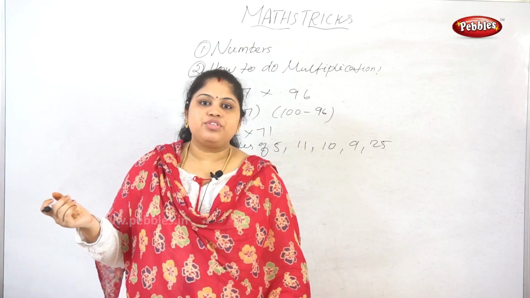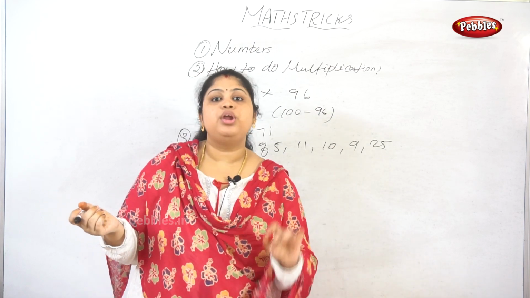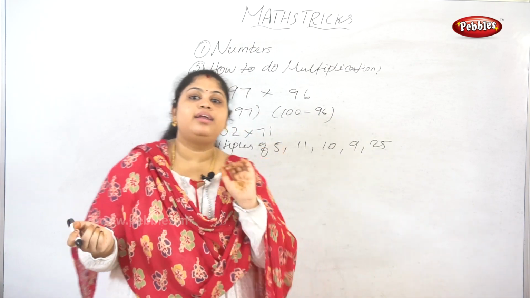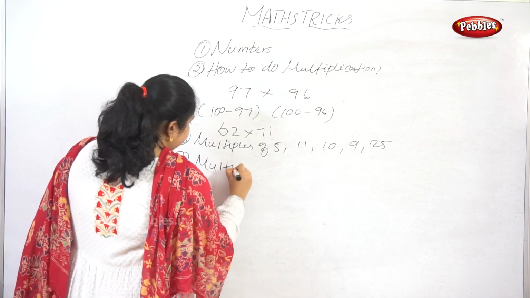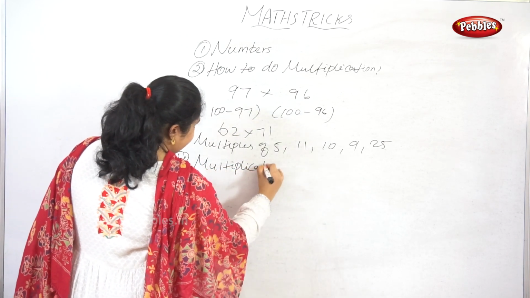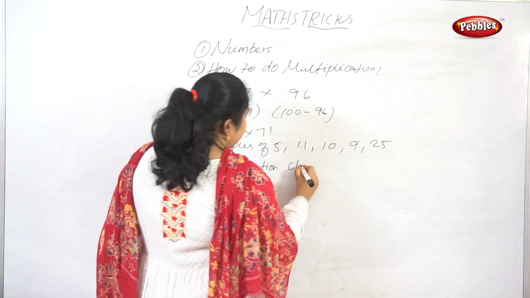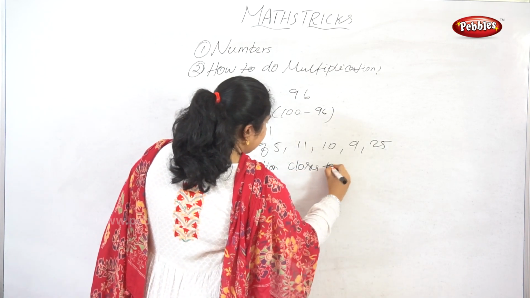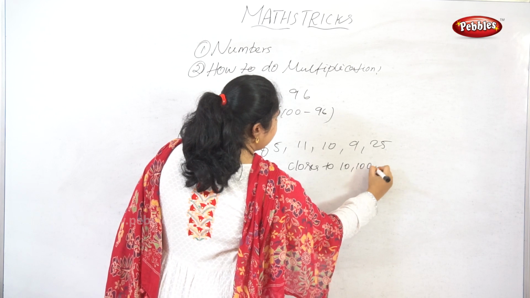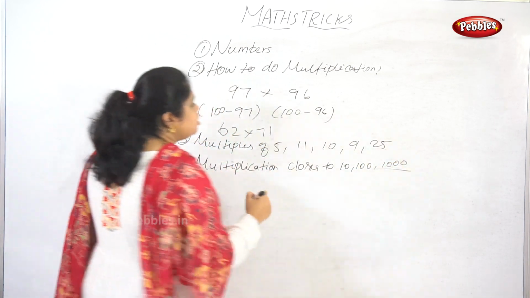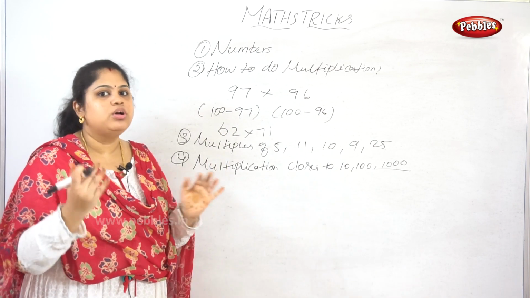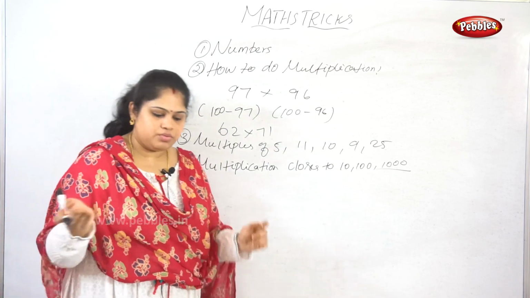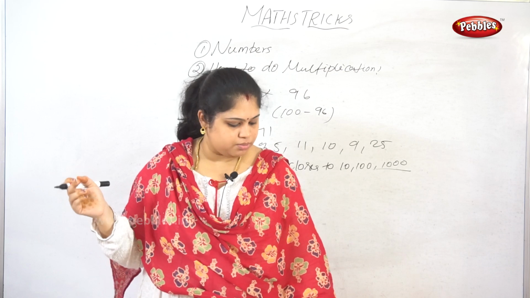And also we have seen multiplication of numbers closest to 10, 100, 1000. For example, 97 is closest to 100, so we subtract it from 100. We have seen that type of multiplication.